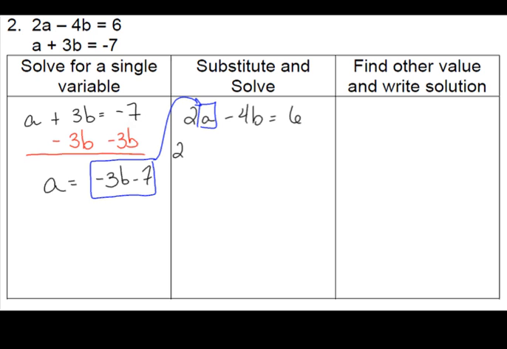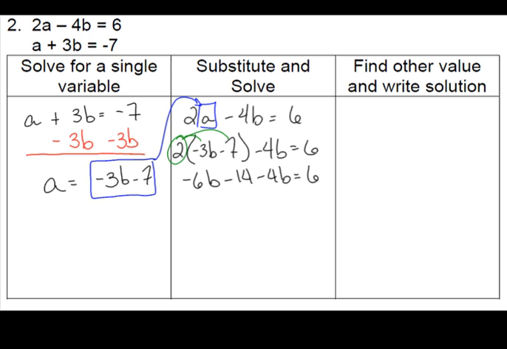So I have 2 times negative 3b minus 7, and I have a minus 4b is equal to 6, still at the end. I now have to distribute. This 2 gets multiplied times everything inside the parentheses. So I have negative 6b minus 14 minus 4b is equal to 6, still here at the end.